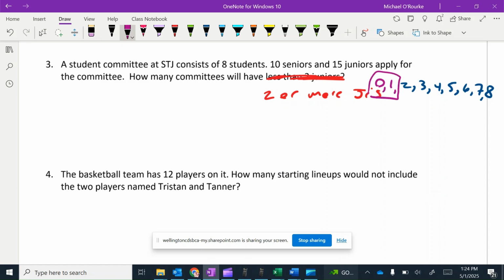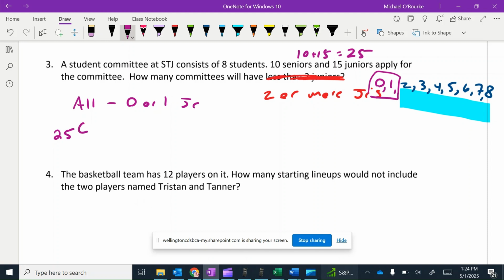So if I figure this out and I minus it off the whole, I'm going to be left with all that to end. So my all minus 0 or 1 junior. So my all this time is going to be 25 because that's 10 plus 15. That's all my options. C, 8, because that's my group size. Now, no juniors. If I had no juniors at all, my form would be 10C8 times 15C0.